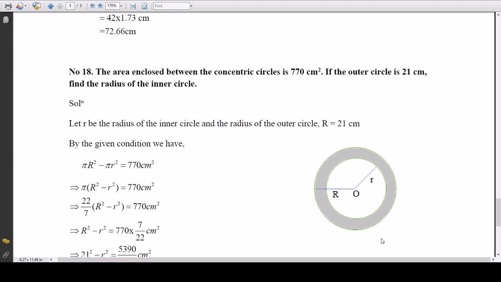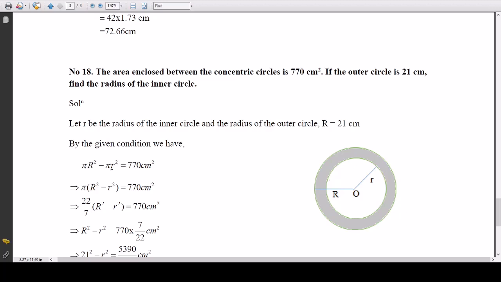What is the area between these two? Area of the bigger circle minus the area of the small circle is the area enclosed between the two circles, isn't it? Therefore, taking the radius of the bigger circle as capital R and the small circle as small r, pi R square minus pi r square, the area enclosed between these two, is 770.